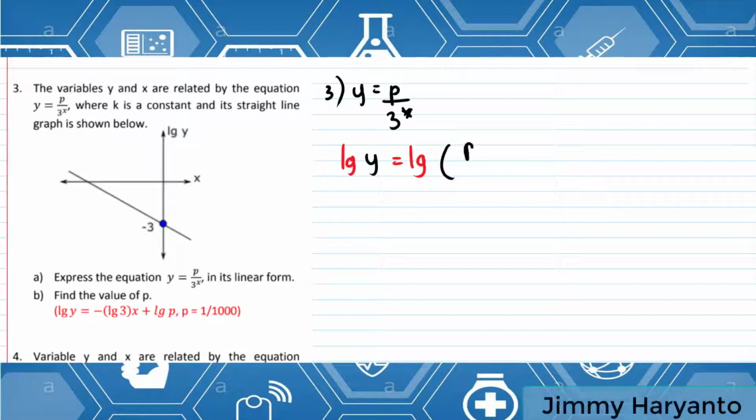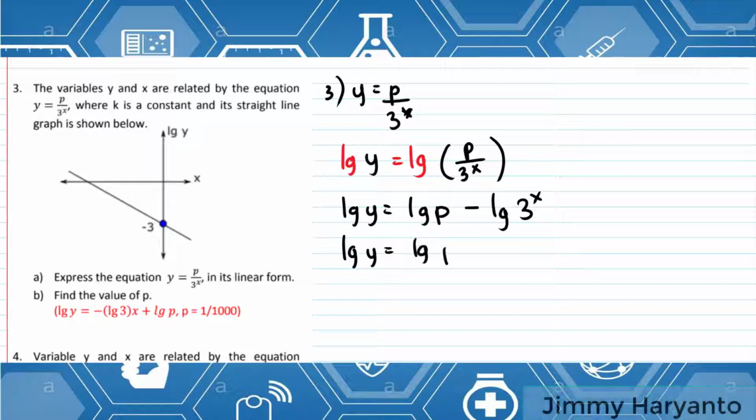LGY equals LG in the bracket P over 3 to the power of X. Over means division, yeah. So later we will use division properties of logarithm. So I will have these expressions.